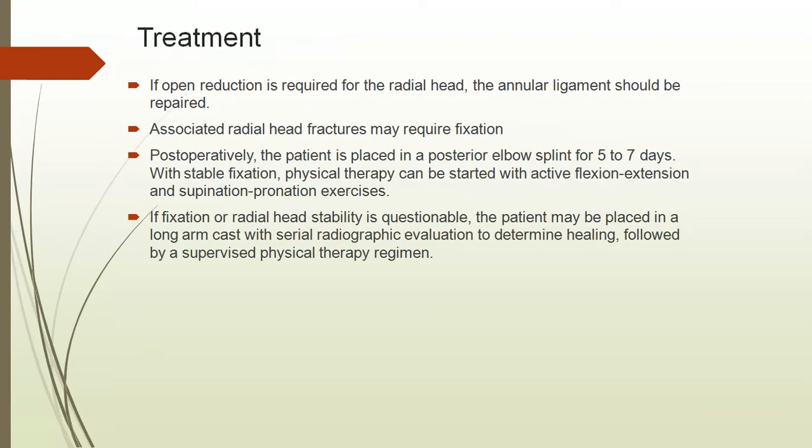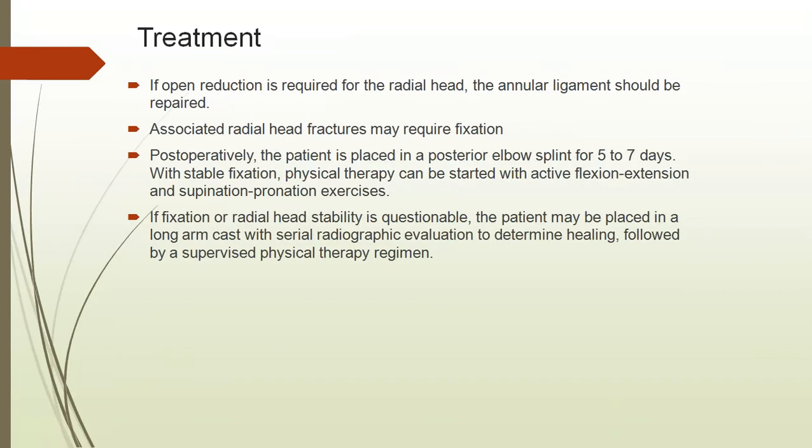So, in this case, like in Galeazzi fracture, along with the fracture management, you must repair one soft tissue. What is that? Already I told you. What is a soft tissue structure that should be repaired most of the times in Galeazzi fracture? Anyone?